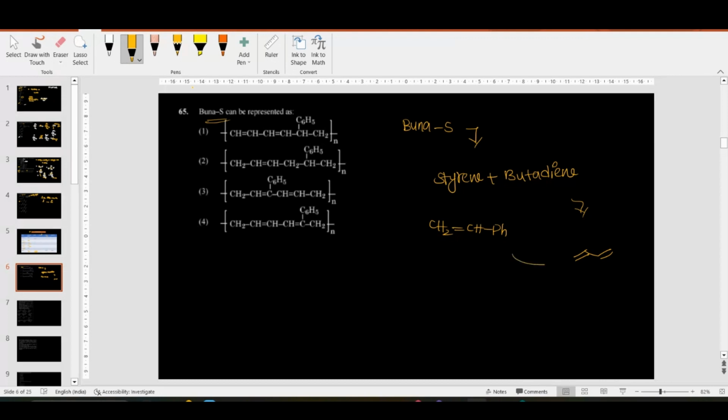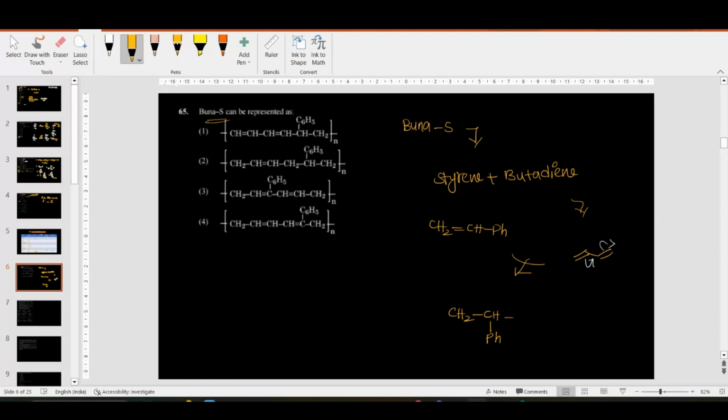So you can write over the structure, like here we'll get CH2 CH. Just add these two. This will attack on this and the bond shifts towards it, and we'll get one double bond over here. So you can write it like that.